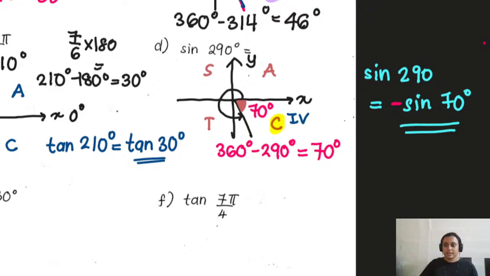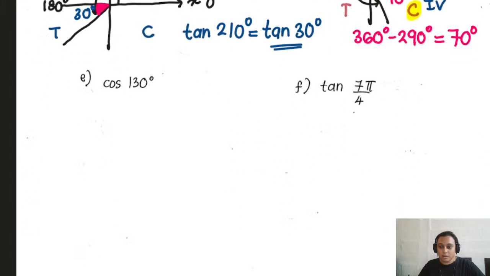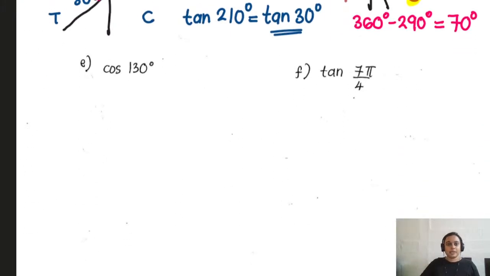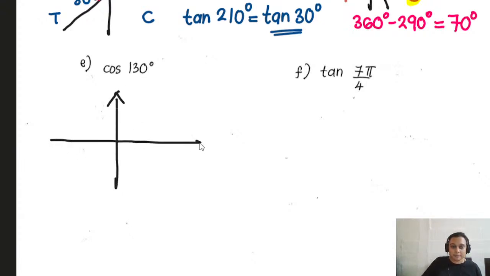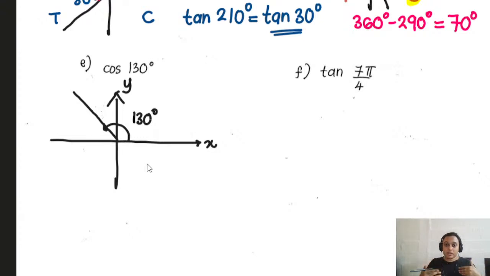Okay, shall we go to the next one? Cos 130. Okay, we draw 130 first. X, Y, 130 is in the second quadrant, right? I'm going to change it to a smaller angle. So I must always touch the x-axis. Here, which one is touching? This part.